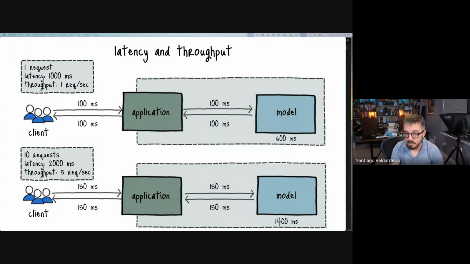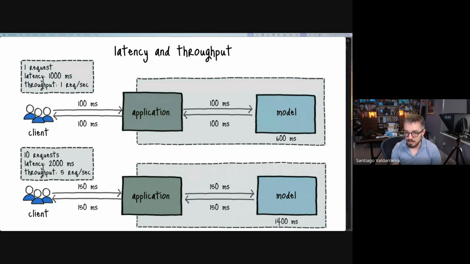So it's going to take 1,400 milliseconds. Then it goes back, then it goes back. When you add all of those up, you get 2,000 milliseconds, okay? That's the total, which means that the throughput is 5 requests per second. So in 1 second, you can answer 5 questions, okay?